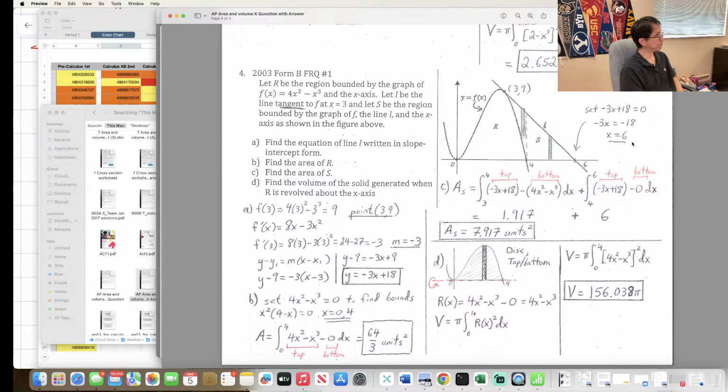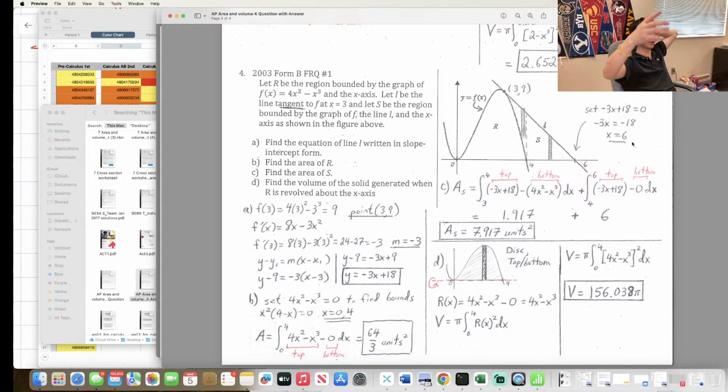Wait, so why is. Well, we can. Yeah, like, I did A, you just solved for this. And then you can stay there. I mean, D. You probably forgot because this one's 156.038 pi.